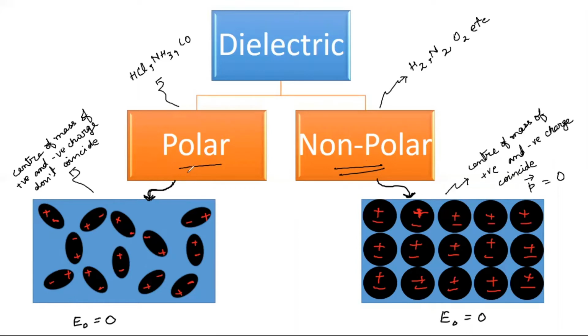In case of polar dielectric substance, the centers of mass of positive and negative charges don't coincide, right?